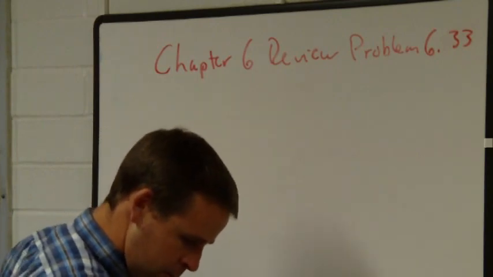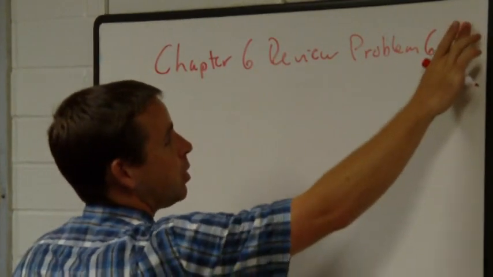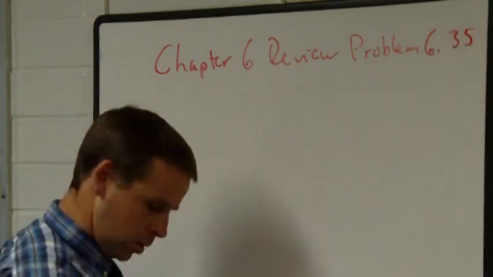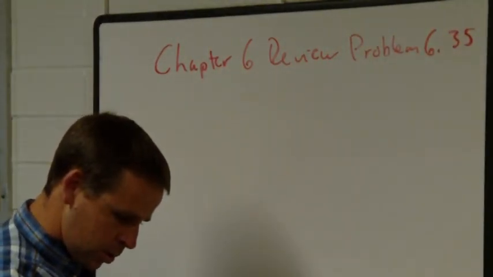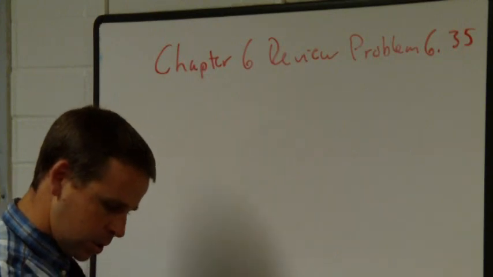When chlorine is at, oh, that was what we just did, sorry, 635. For the following reactions, identify the substance oxidized, the substance reduced, the oxidizing agent, and the reducing agent.